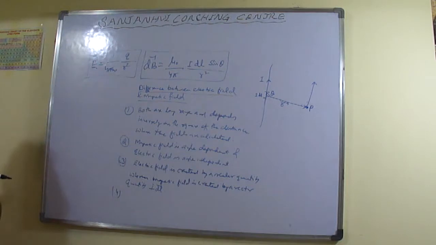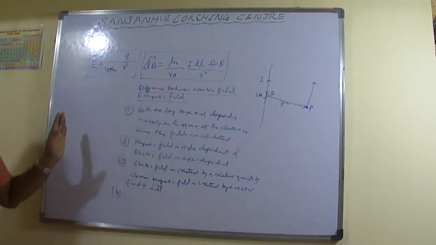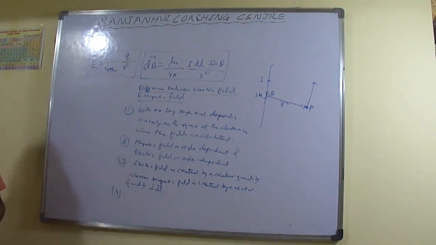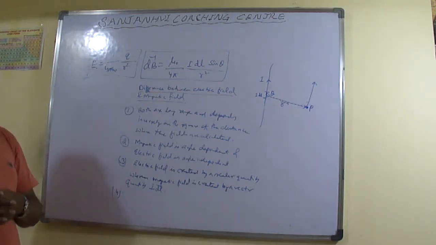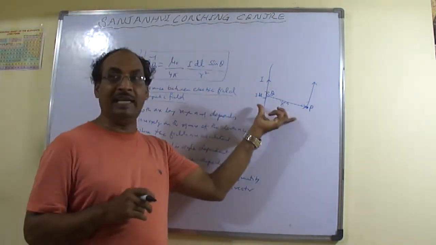Fourth one. Electric field is in the direction of the displacement vector of the charge. Whereas magnetic field can be in any direction depending on I dl and r.